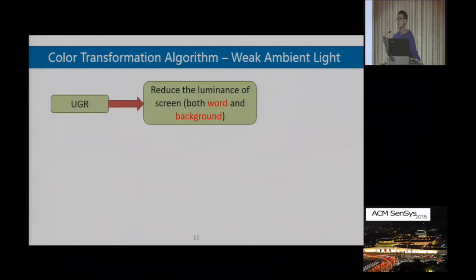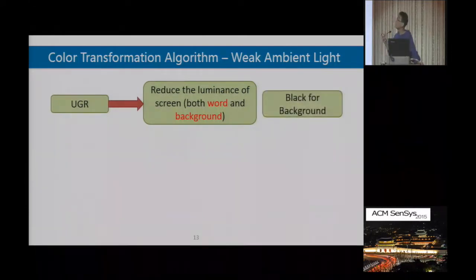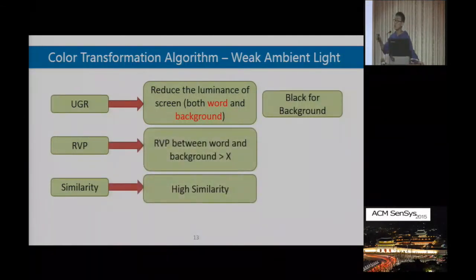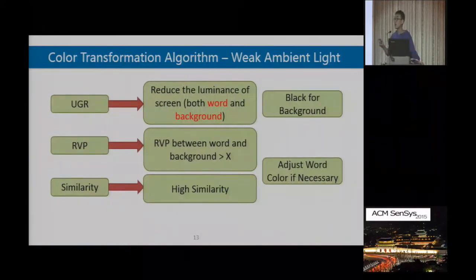And because the background occupies most of the screen, we select black for the background color because of its lowest luminance level. Besides UGR, we also have to consider RVP and similarity. We also need to make sure that RVP is over a certain value X and the similarity is as high as possible. So we may change the word color accordingly.